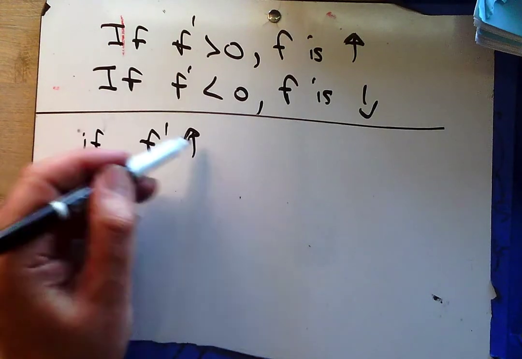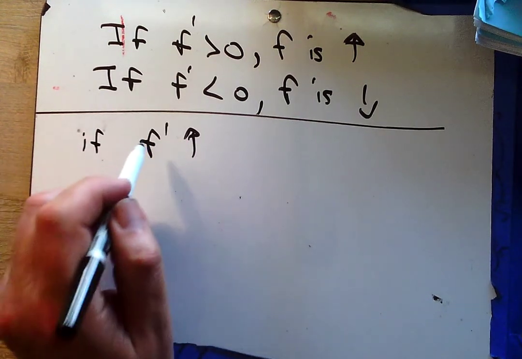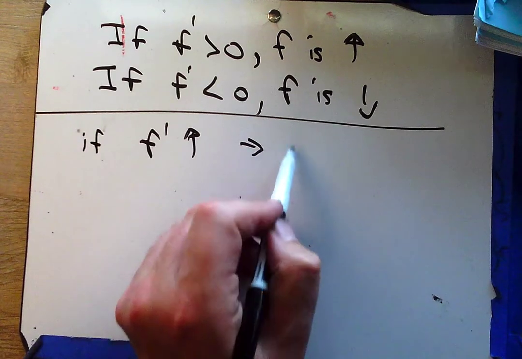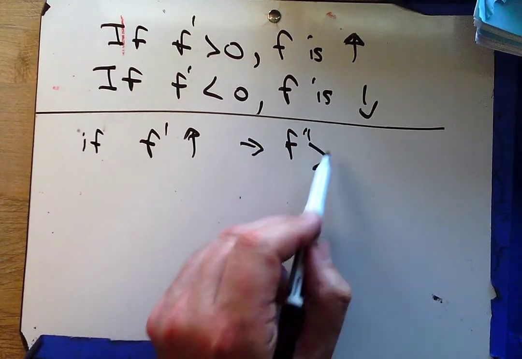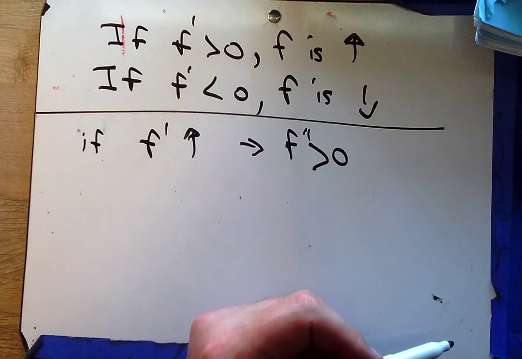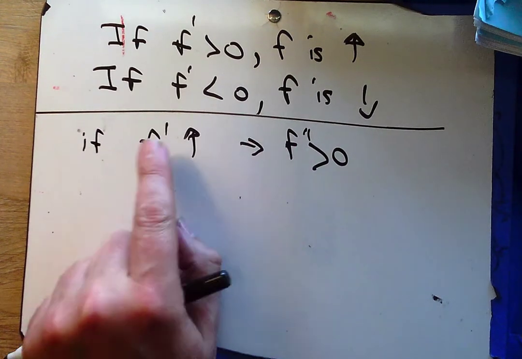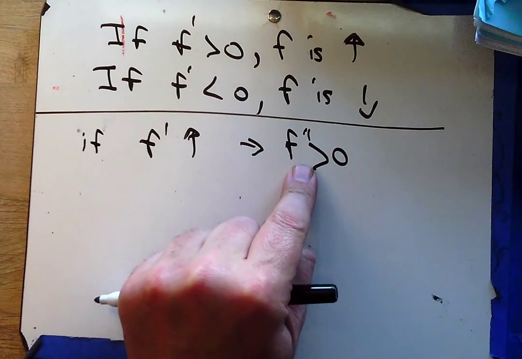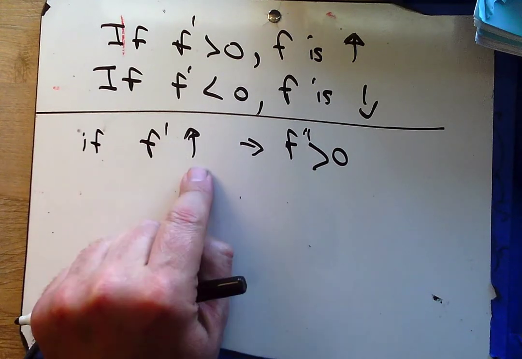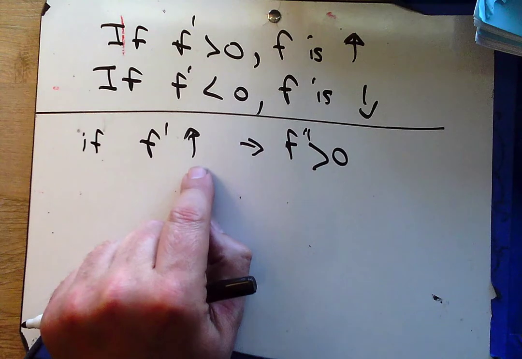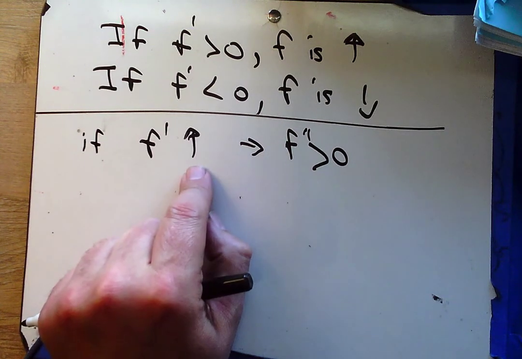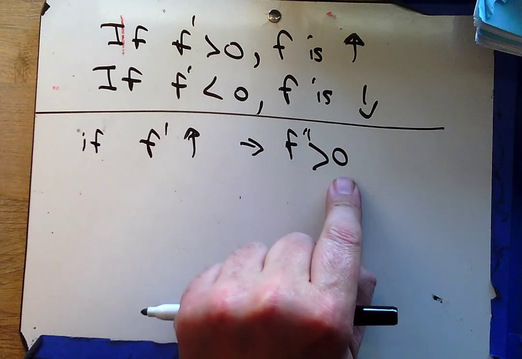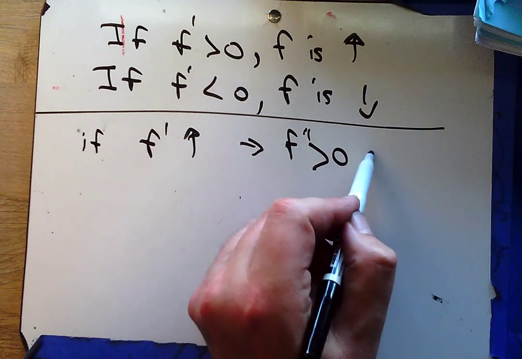Well, if f prime is increasing, that means f prime has positive slopes, which means f double prime is greater than 0, right? Because the slopes on this graph become the y values on this graph. But wait a minute.